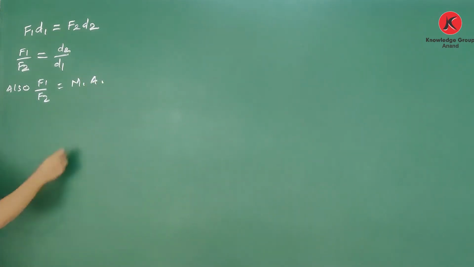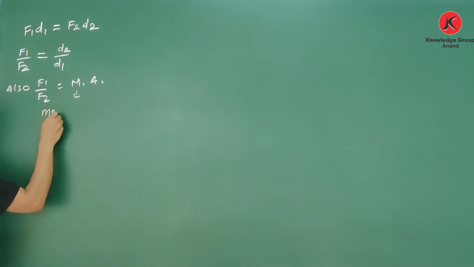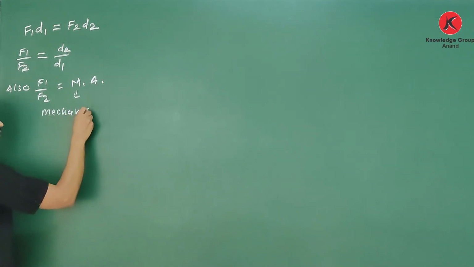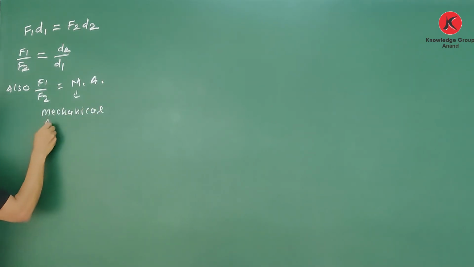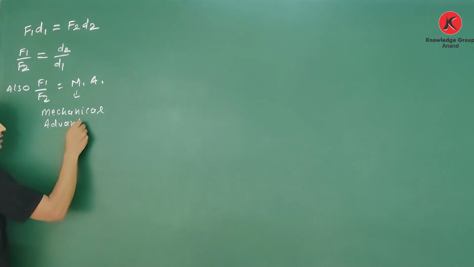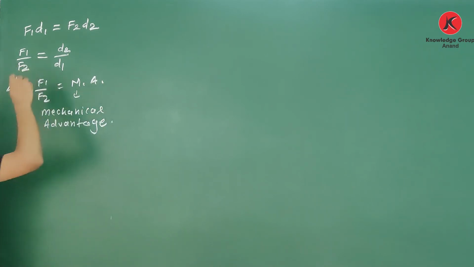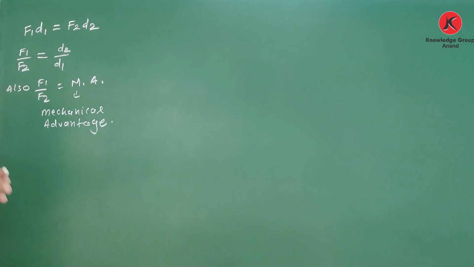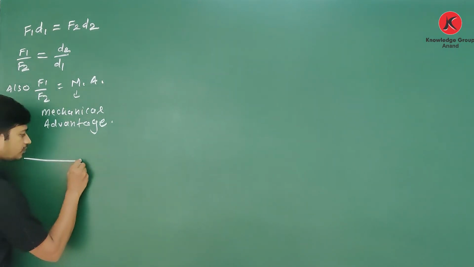Now what is capital M.A.? It is called mechanical advantage. Now what is the use of this mechanical advantage? See, I will draw the figure again.